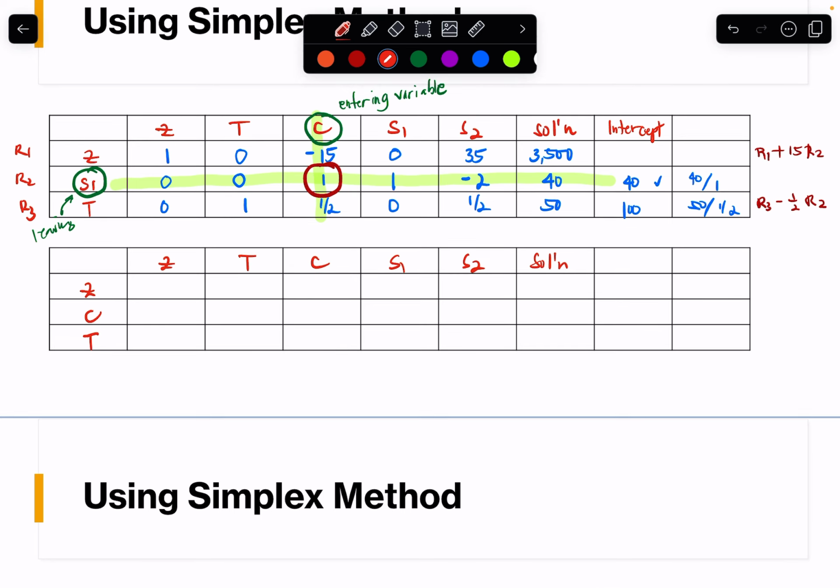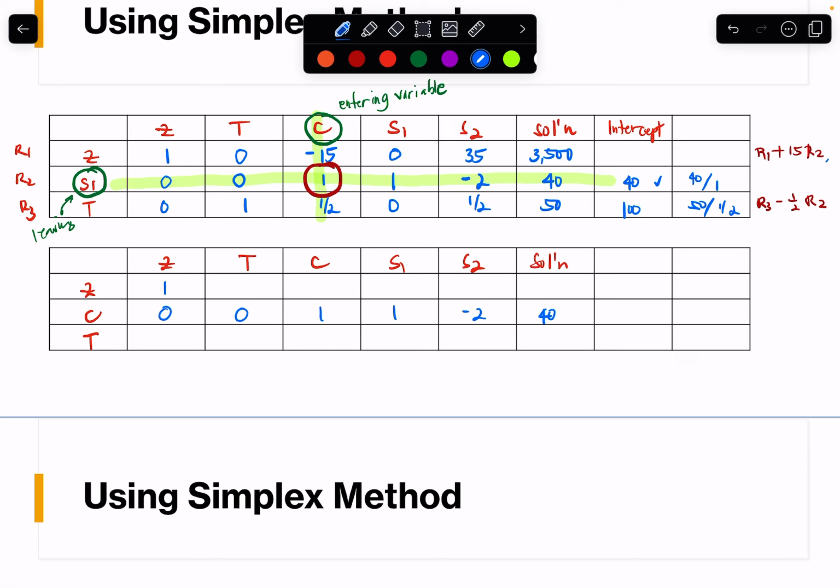And we use this formula. By the way, we copy our pivot row, which is 0, 0, 1, 1, negative 2, 40. So we follow this formula, and I'll finish the entire row. R1 is 1, R2 is 0, so 1 plus 0 is 1.